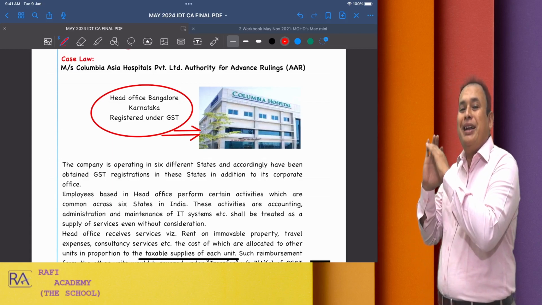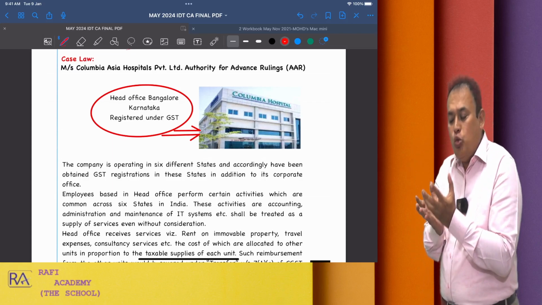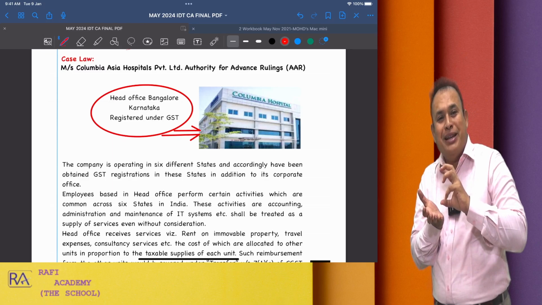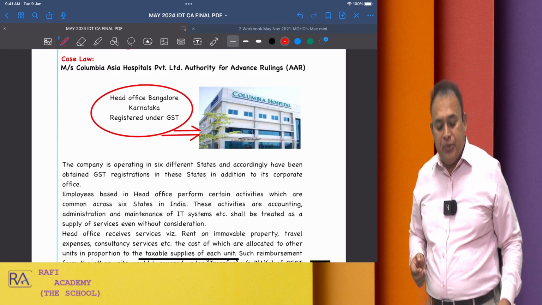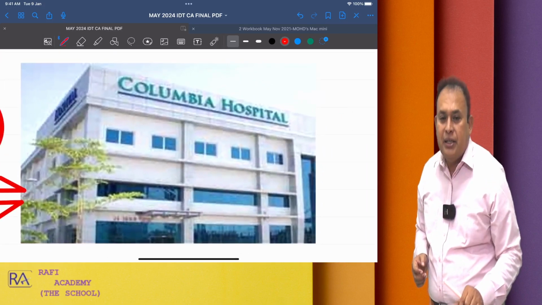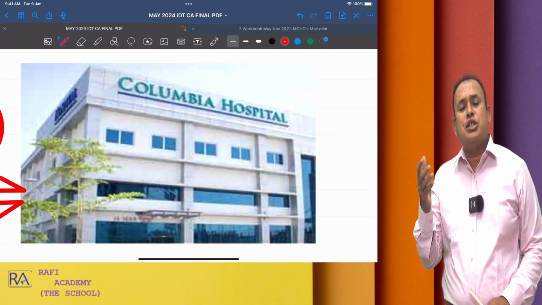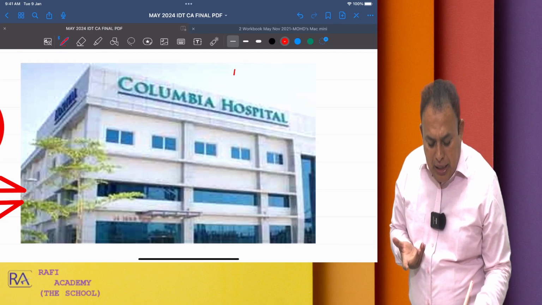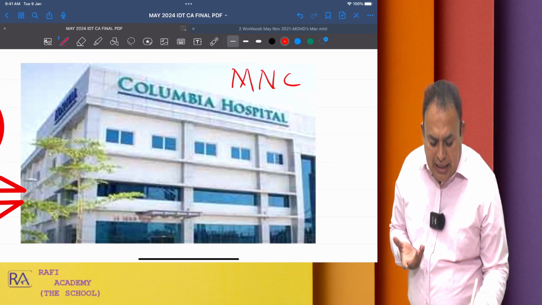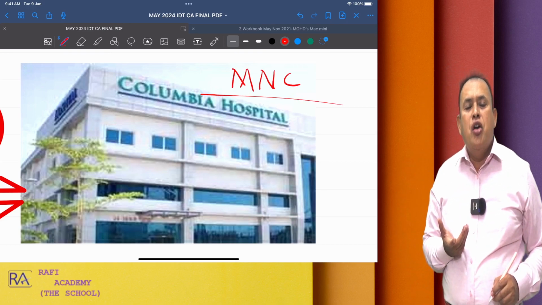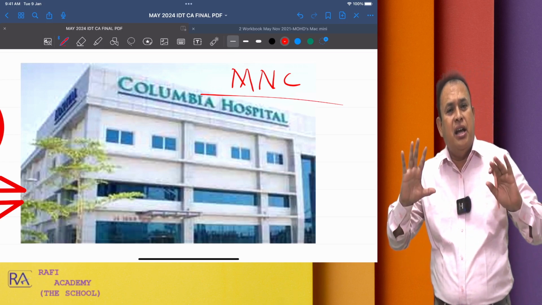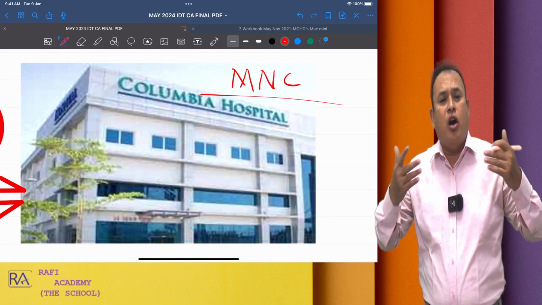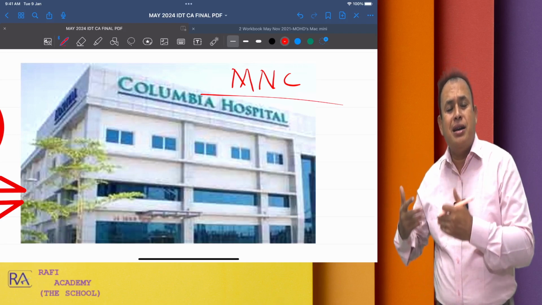What are the entire facts of the case and what judgment has been delivered by the Authority for Advance Ruling of Karnataka is as follows. My dear sir, Columbia Asia Hospitals is basically an MNC hospital which has various branches across India, in addition to the head office in Bangalore, Karnataka.